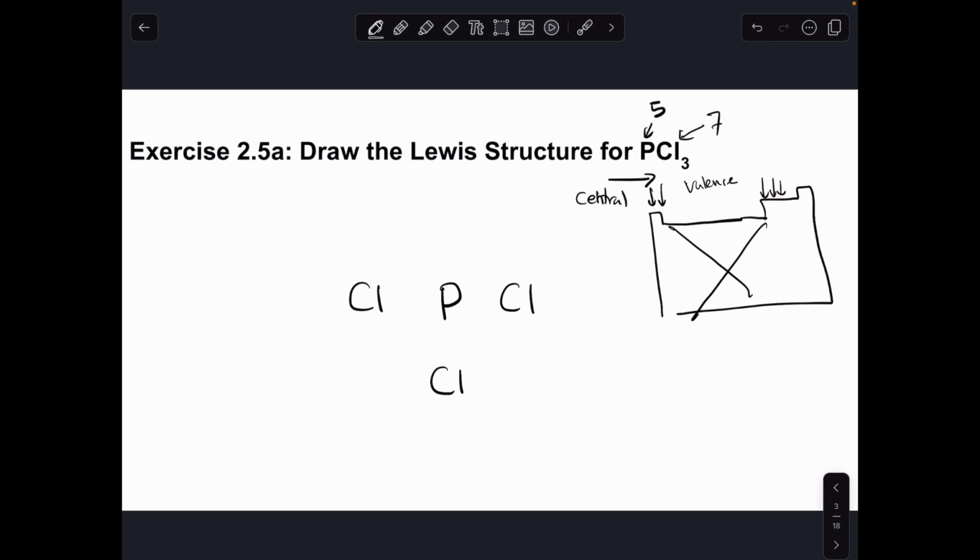So I'm going to put 5 dots around my phosphorus: 1, 2, 3, 4, 5. Then I'm going to put 7 around each of my chlorines. Okay, keep going here. Like so.